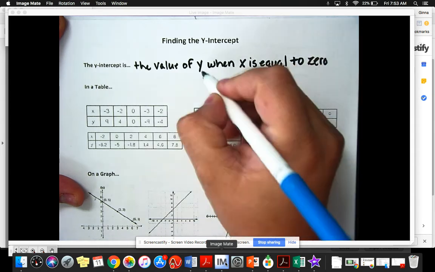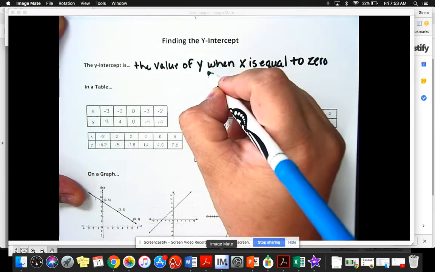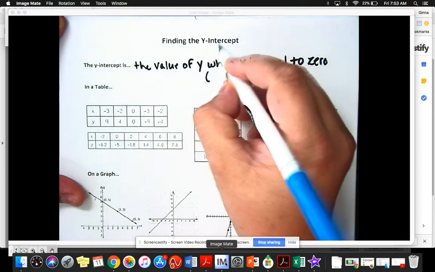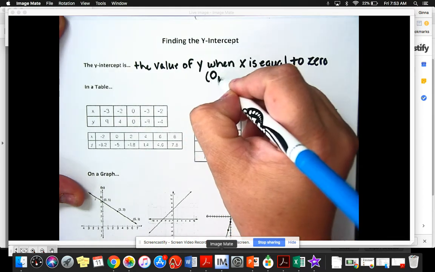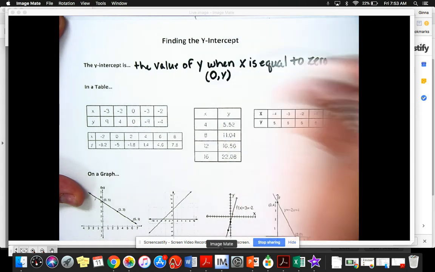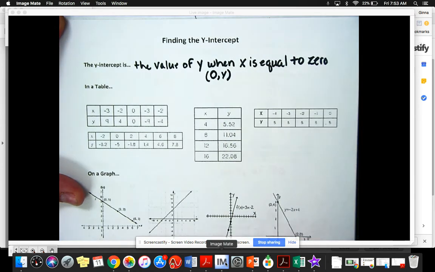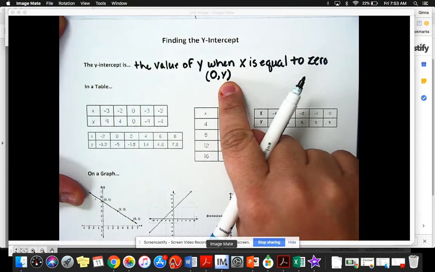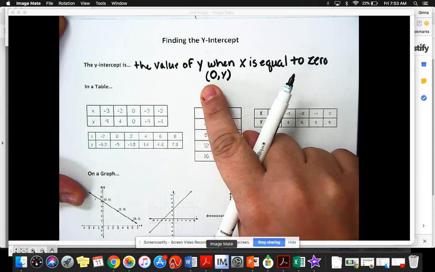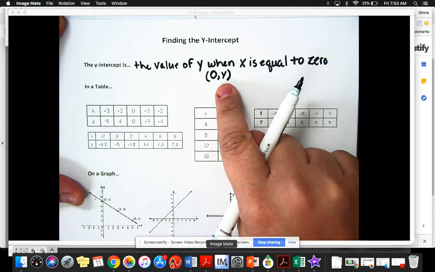So you're basically looking for something that looks like this. The value of y when x is equal to 0. So you're looking for what number is partners with the 0. When your x is 0, you're looking for what number of y is your partner. So you have x equal to 0 and y. You want to know what is that partner for the 0.